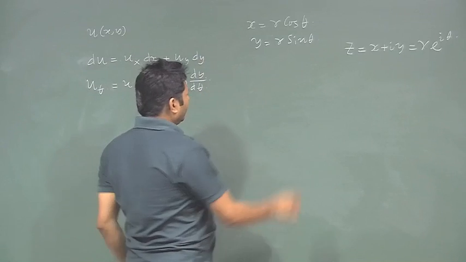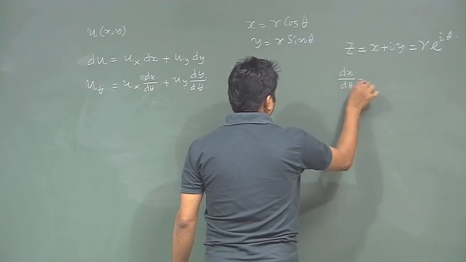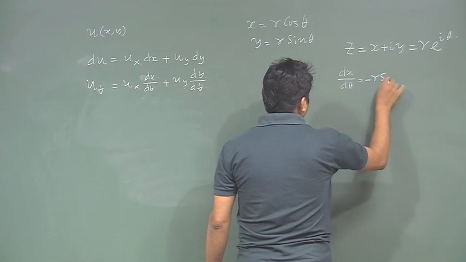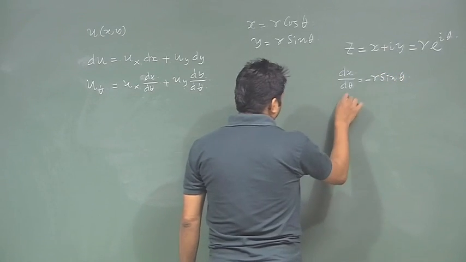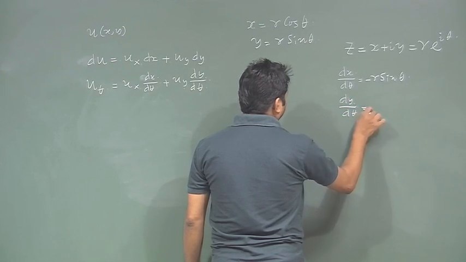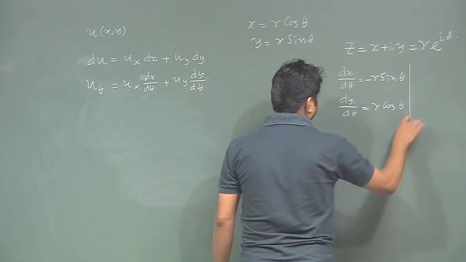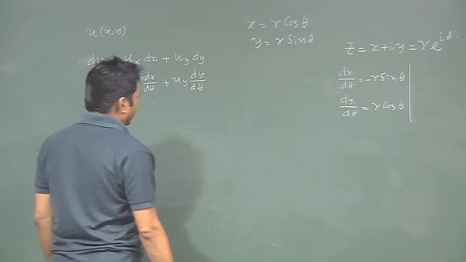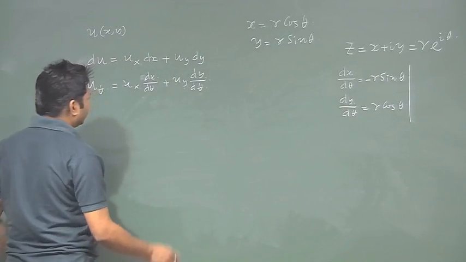Here dx d theta is minus r sin theta and dy d theta is r cos theta. This relationship is required here, and the other expression I will also require. I will do that, but let me finish this first.